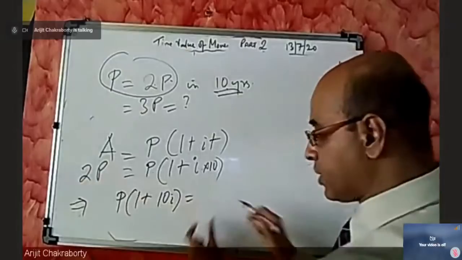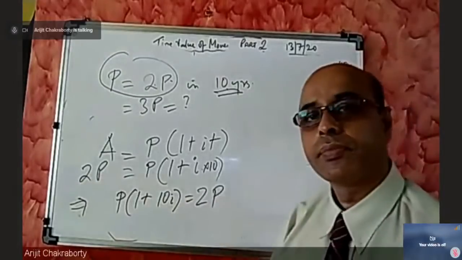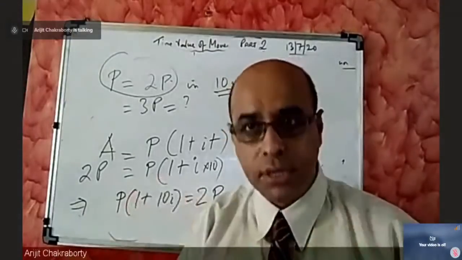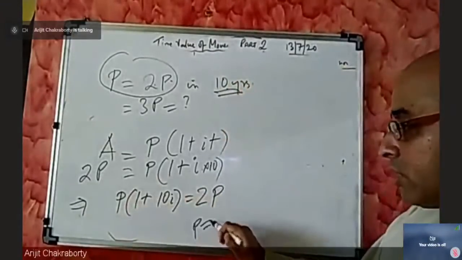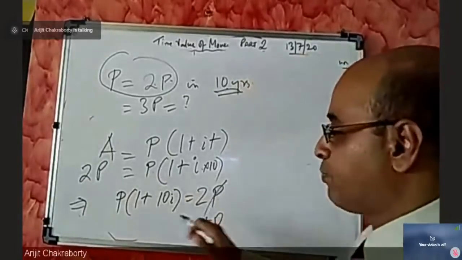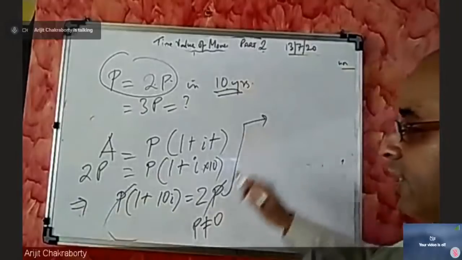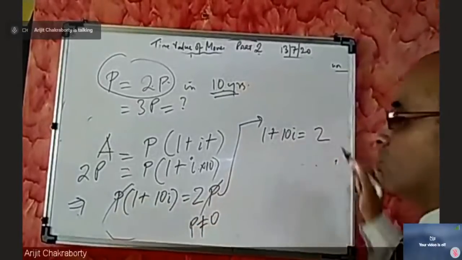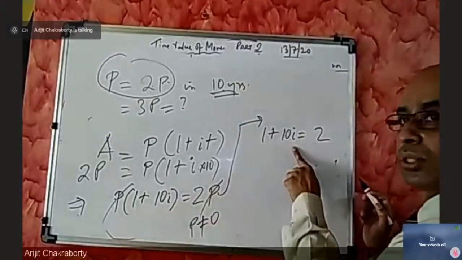So this side I am writing here, 2P. We know that principal definitely cannot be 0. So P is not equal to 0, and P has to be positive. Right? So we cancel P and P. So what do we get? We get 1 plus 10I is equal to 2.